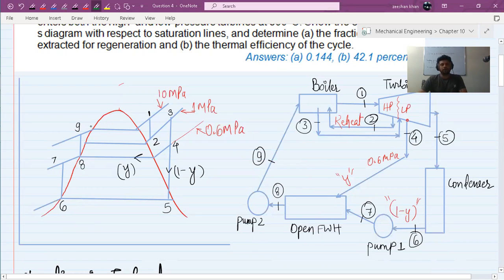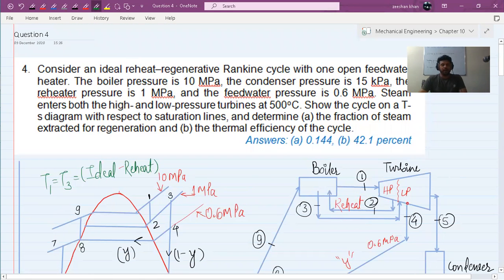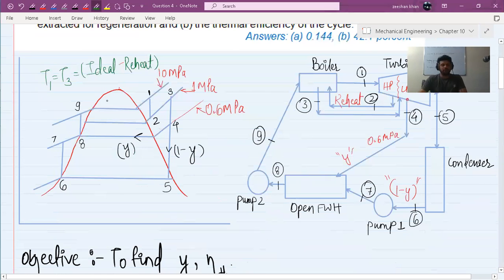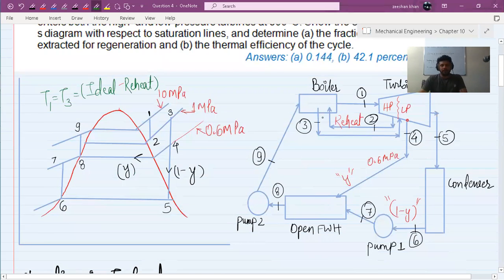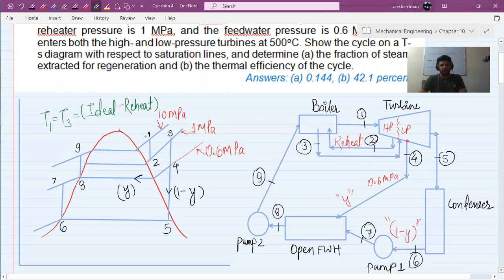Okay, so one thing before we go ahead with the problem is that T1 is equal to T3, so they have considered this to be an ideal reheat. Obviously, it's going to be ideal conditions because it's mentioned right in the question that this is an ideal reheat regenerative cycle. So T1 must be equal to T3. T1 and T3 mean the temperature at the inlet of the high pressure turbine and the temperature at the inlet of the low pressure turbine. These two are equal.